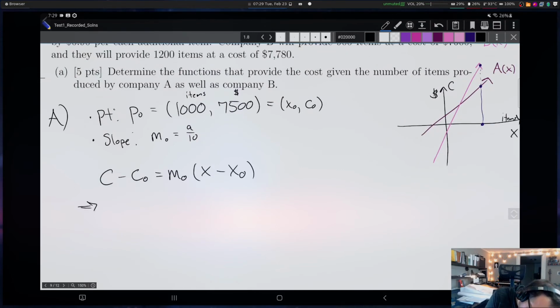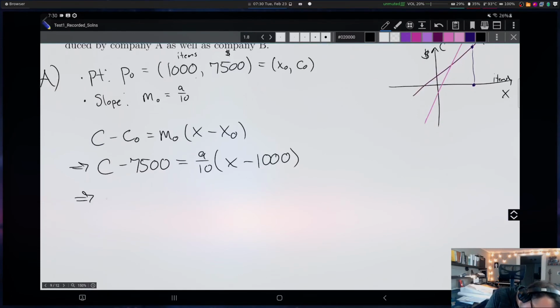Okay, but now I can just start plugging stuff in. C, and now I need to see what I called c naught. It was that thing there, minus 7,500, is equal to m naught. I had a name for that, 9/10. And there's an x, and I had a name for x naught, which was, by this labeling here, just 1,000, minus 1,000.